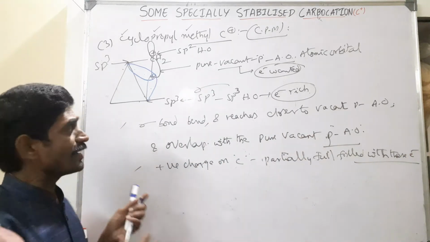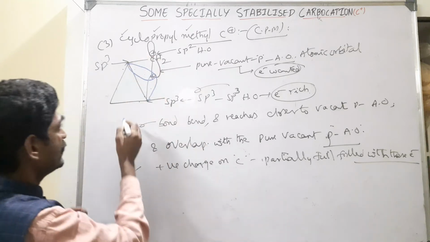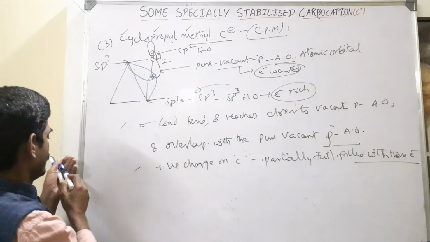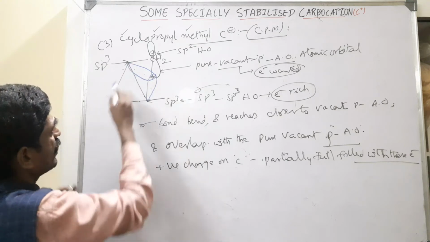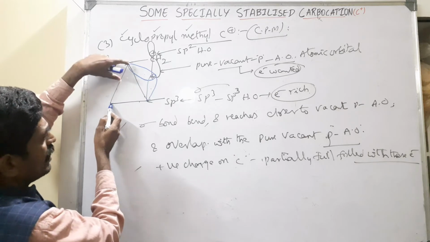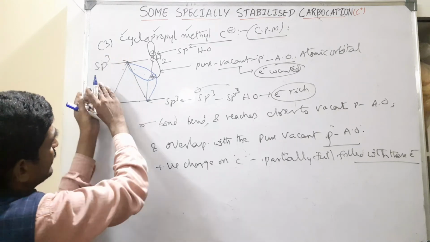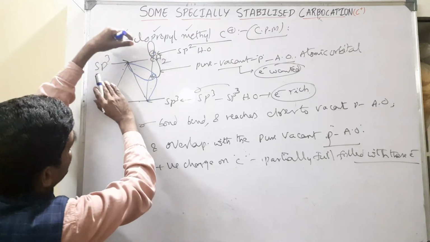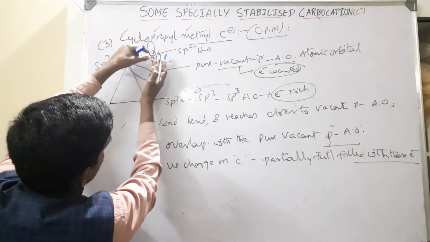And not only this one, this is also there, right? This sigma bond of this carbon that is sp3, these orbitals also have electrons, they may be here. When this is there, they flip here and overlap with this one also.